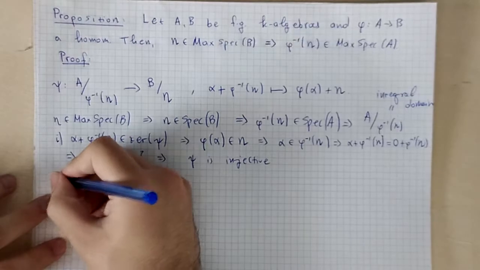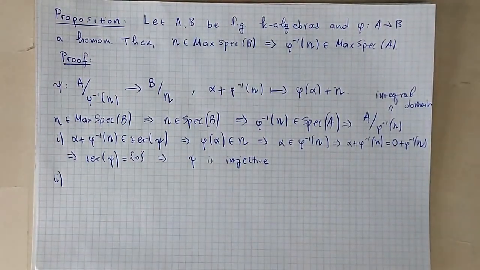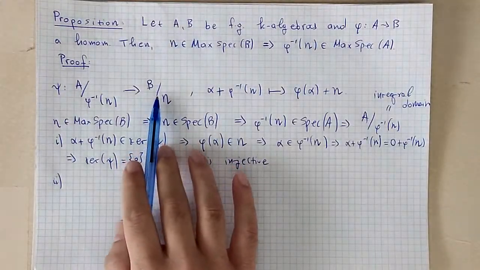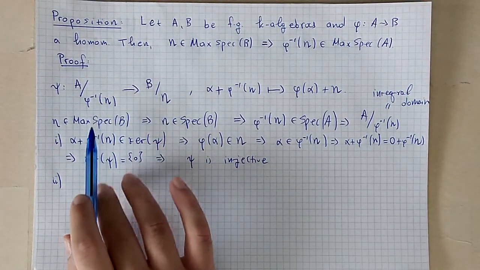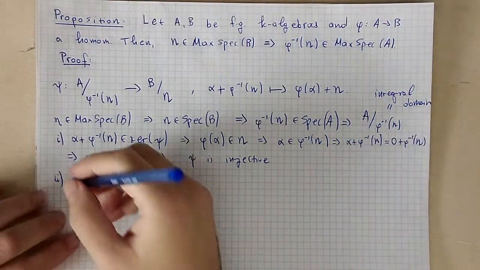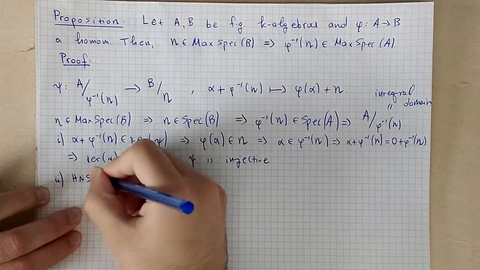Okay, so the last property we want to prove about this map psi is that this ring is integral over this ring. We now use the first version of the Nullstellensatz.